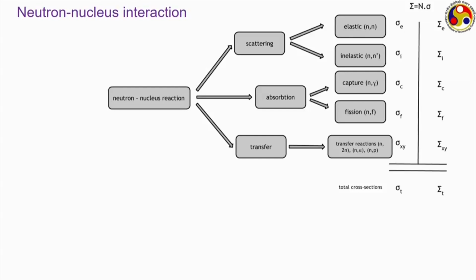We have already learned that whenever there is a neutron-nucleus interaction, we can have three types of possibilities. One is scattering, where the neutron and nucleus remain separate, but because of their collision there will be transfer of momentum and kinetic energy from the neutron to the nucleus, and we can have an elastic and an inelastic version of the same.